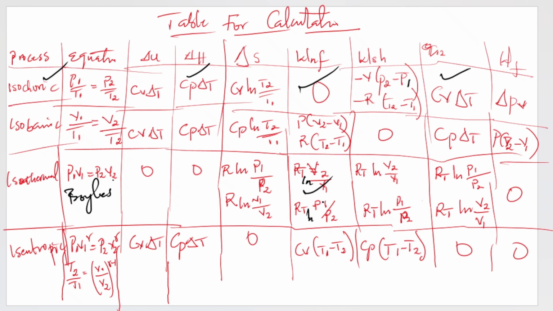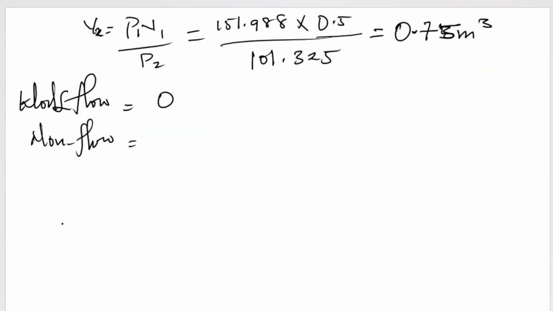Now let's go back to the non-flow work and make some calculations and see if we have the same value if we use the different formula given to us in our table. From the formula given, our non-flow work will be equal to RT multiplied by ln V2 over V1. So you input your ln in your table.